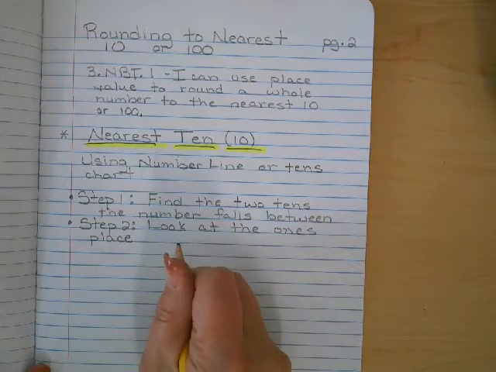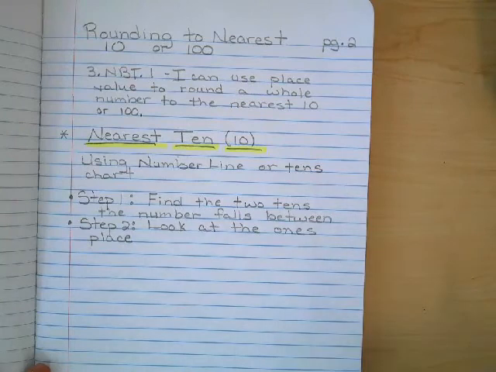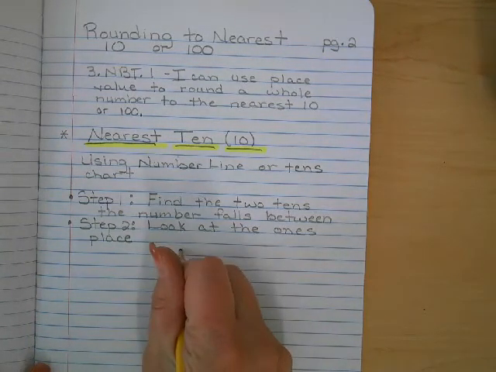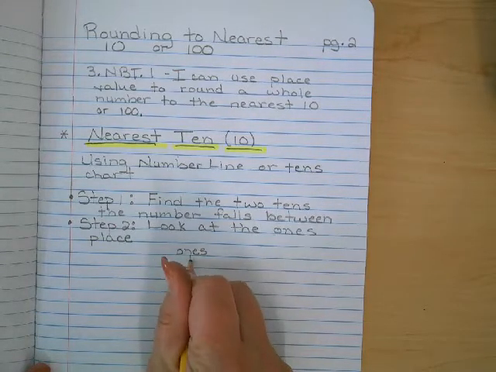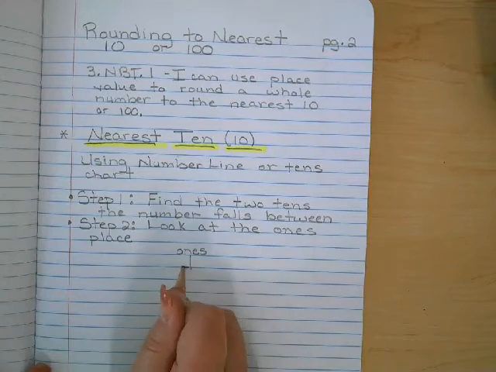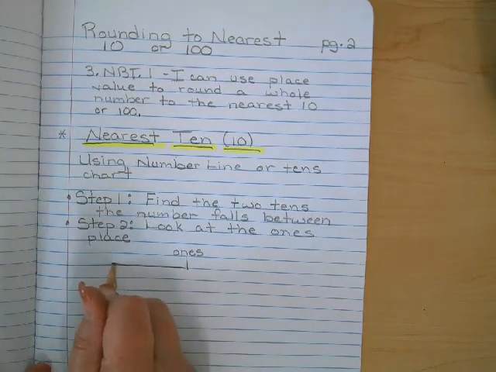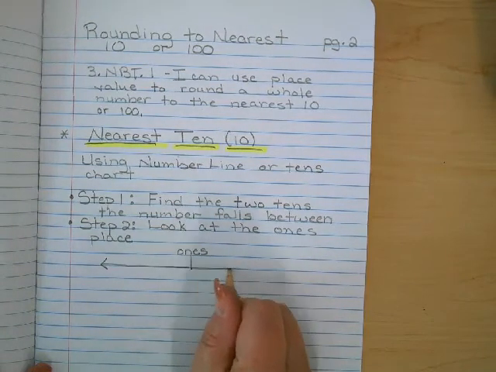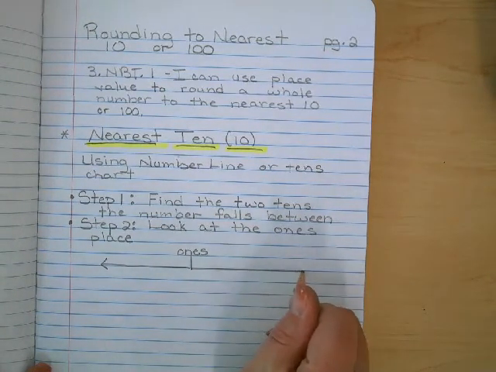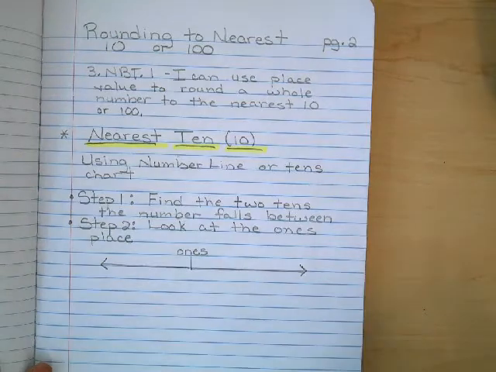So in between 10 and 20 is 15. In between 30 and 40 is 35. So we're using our understanding of our ones place to decide if it's less than 5. We round down to the lower 10. If it's greater than 5, we're going to round up to the upper 10.